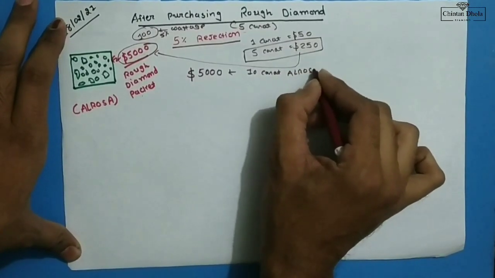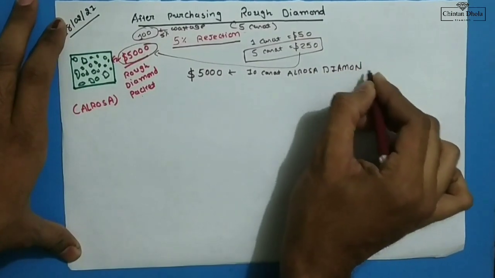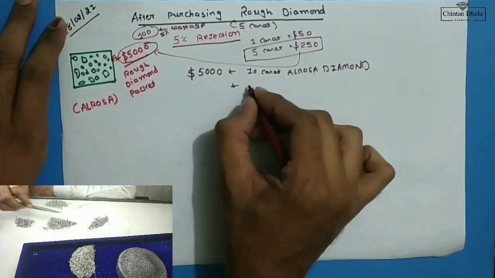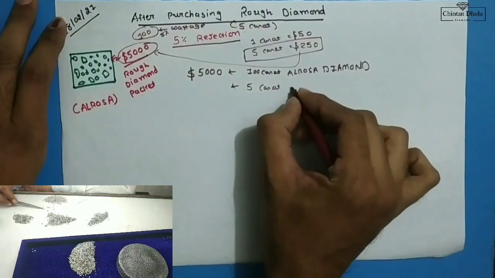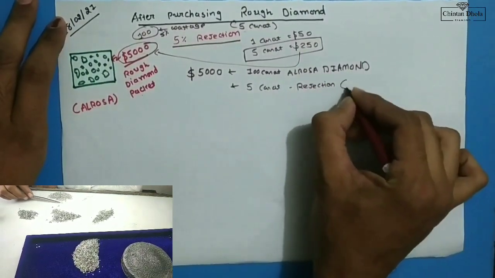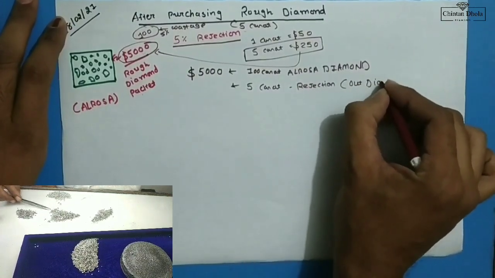Okay, now our costing is $5,000 for 100 carat Alrosa rough diamond, but after assorting we get 5 carat rejection diamond, or we can say out diamond in local language.